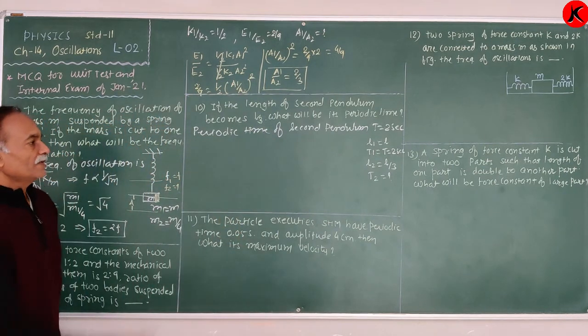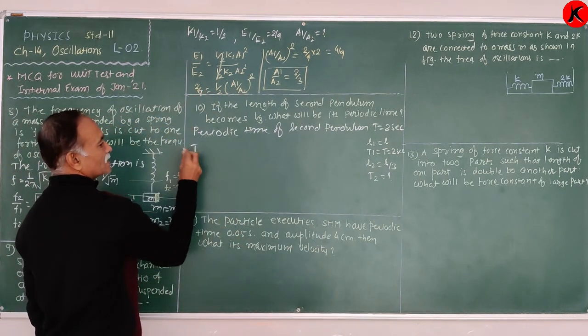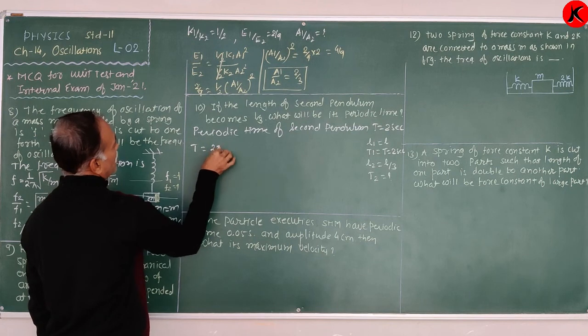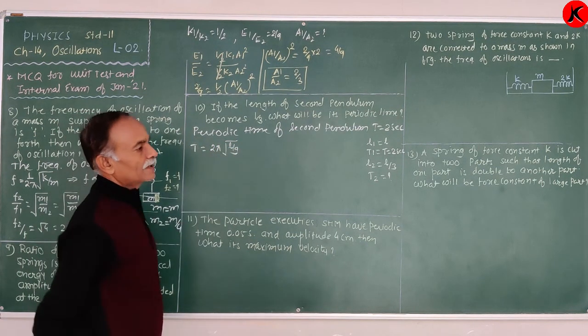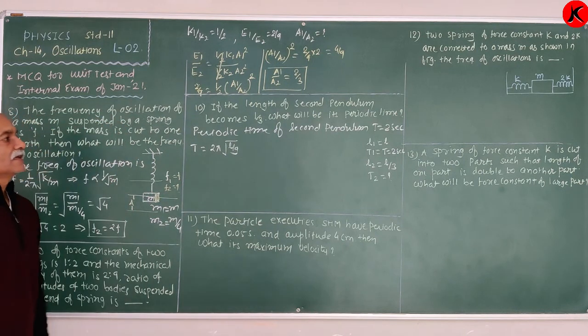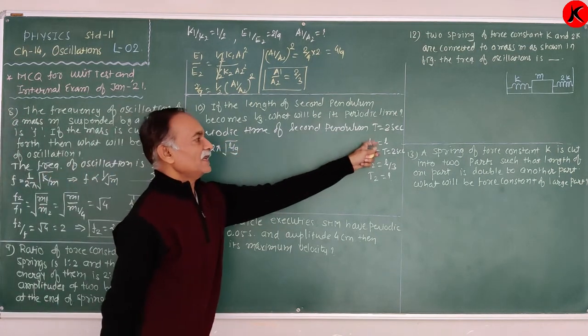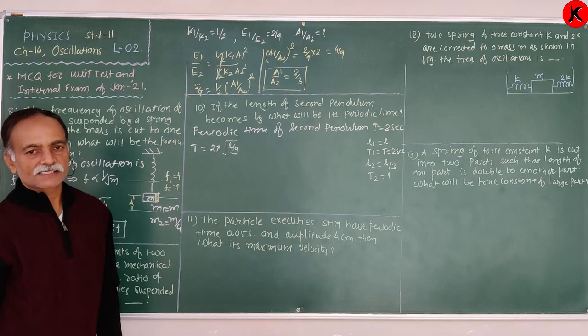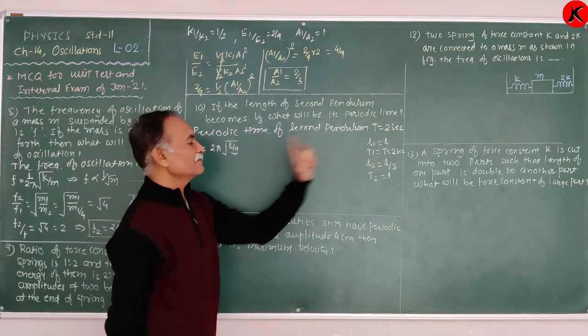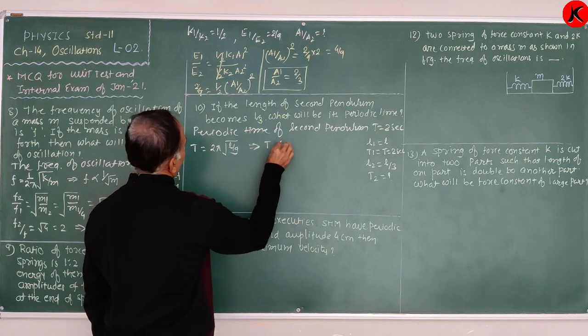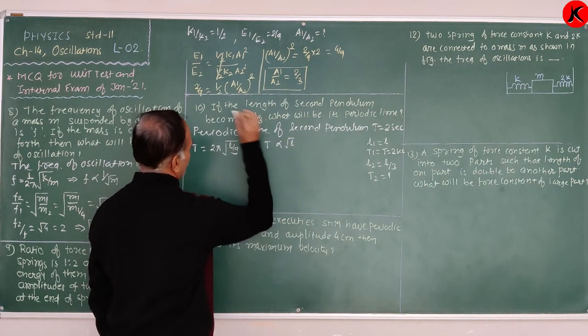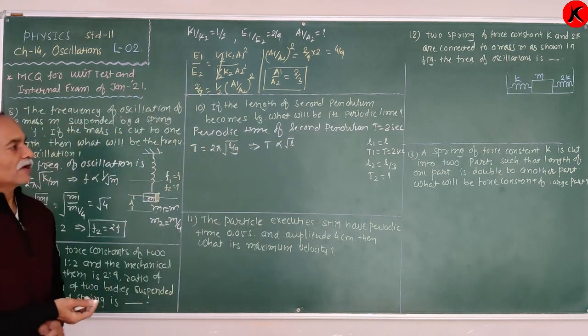So we know that the periodic time T is equal to 2 pi under root of L upon G. Here the length changes, therefore change takes place in periodic time. Therefore periodic time is directly proportional to the square root of length.